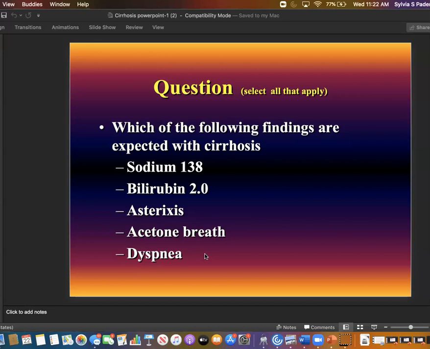Bilirubin 2.0, that's elevated. Asterixis, that is expected with liver cirrhosis. Acetone breath, that's right, and the dyspnea, like we just talked about on the previous slide.